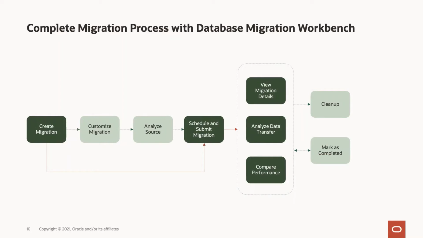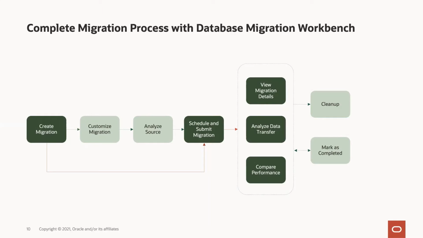The workflow that you see here depicts a typical end-to-end process. For simplicity, you can conclude that the dark green boxes indicate the required steps you need to take to migrate a database. You essentially create a migration plan. You can schedule to migrate at a future date, or you can initiate the migration now. You can view the migration progress. You can analyze the data transfer.